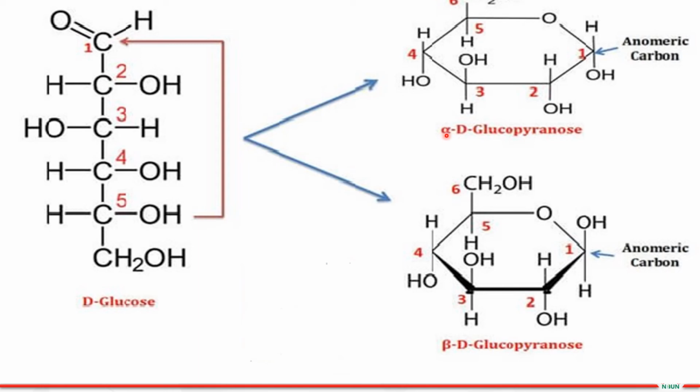So we have alpha D glucopyranose. So if you see a name like this, it's just a big way of telling you that this is a cyclic glucose that came from the D isomer, but on the anomeric carbon, the OH group is facing downwards.